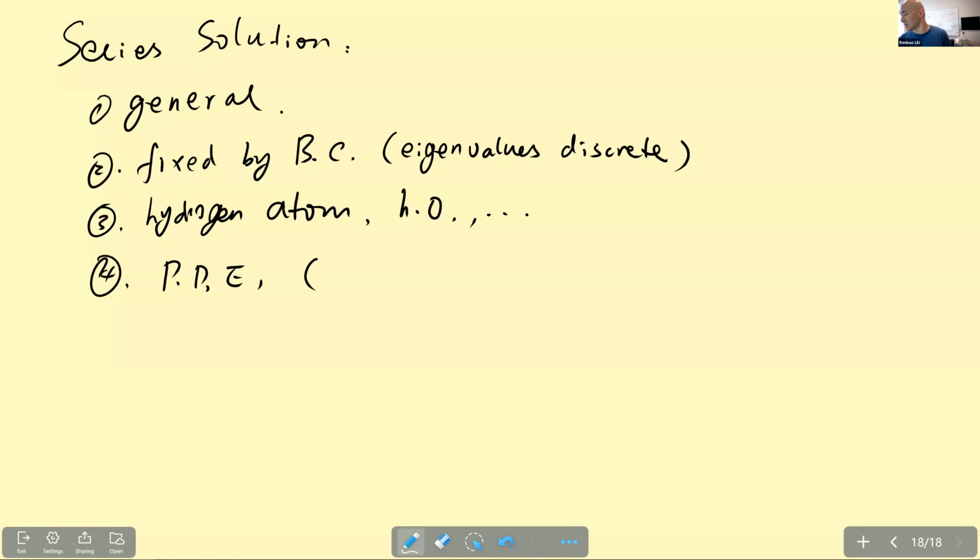For example, for the equations in electromagnetism. I don't know, have you already learned, for example, the solution of the electrostatic equations, the Laplacian in three-dimensional space?